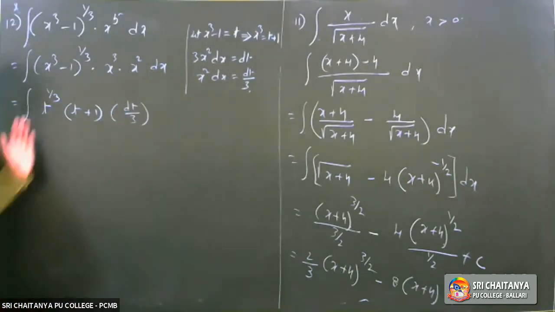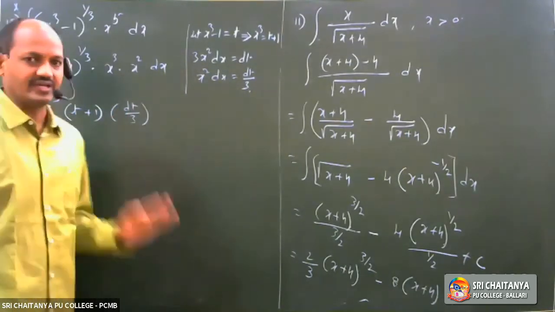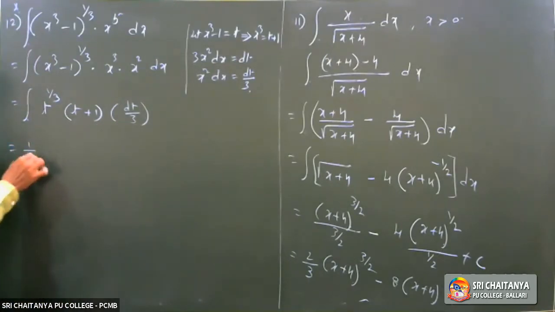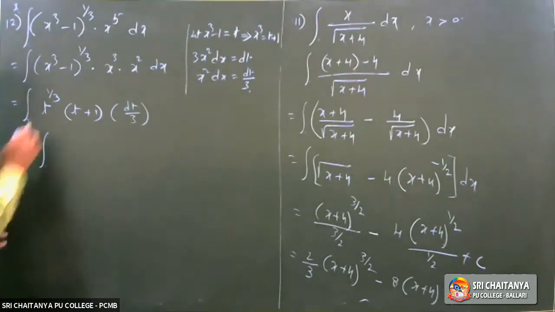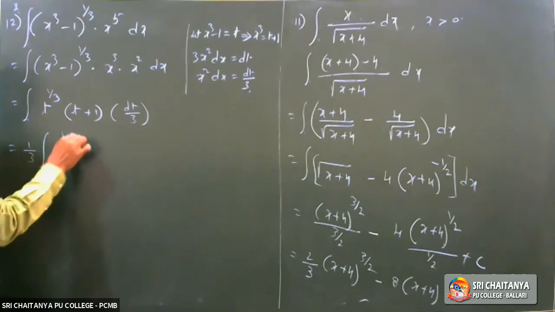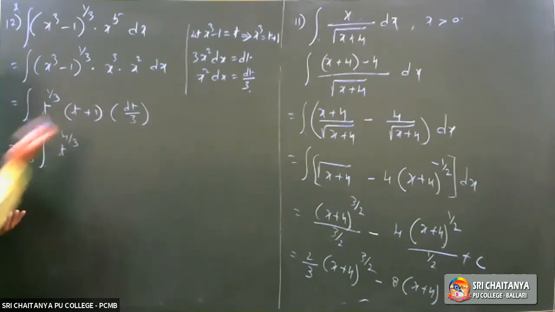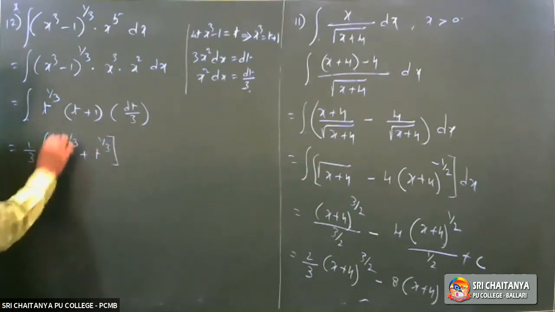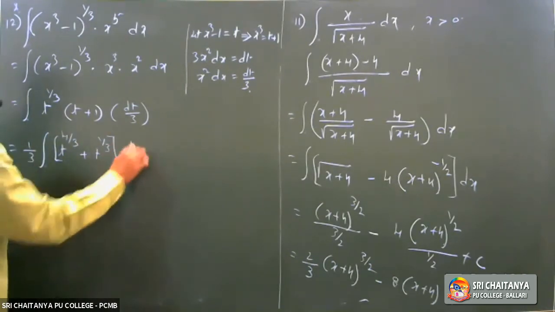Now, the total function in terms of t. Then apply integration. 1 by 3 constant, integral of t power 1 by 3 into t, that is t power 4 by 3, plus t power 1 by 3 into 1, t power 1 by 3, whole dt.